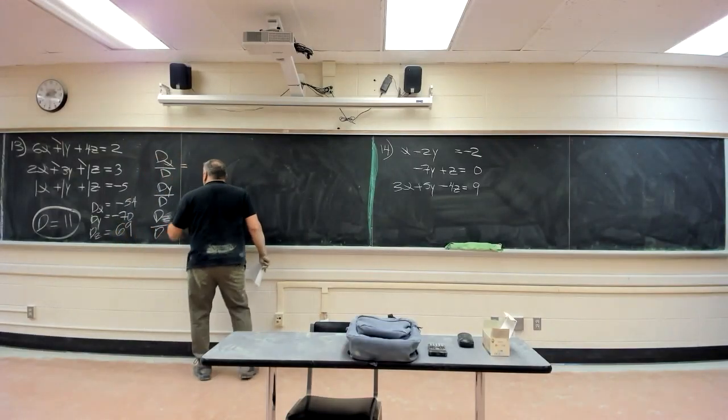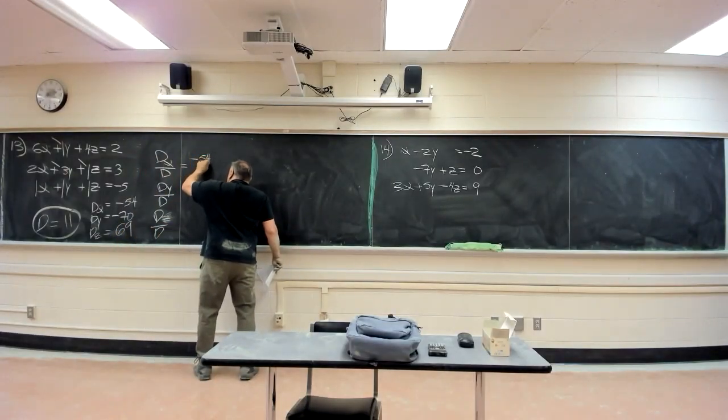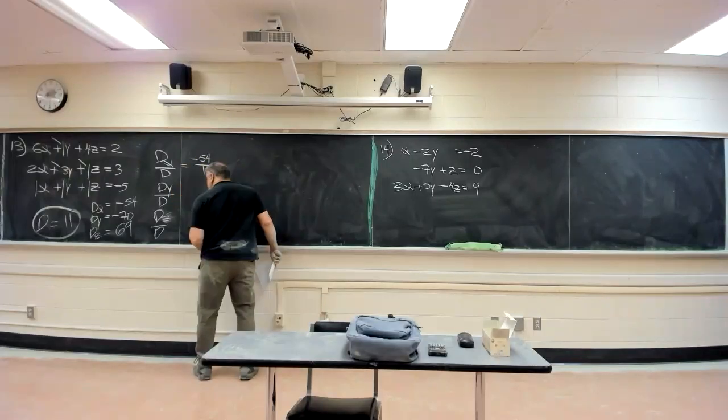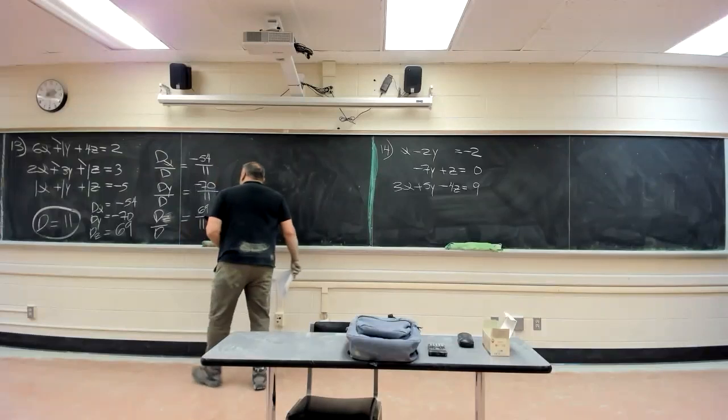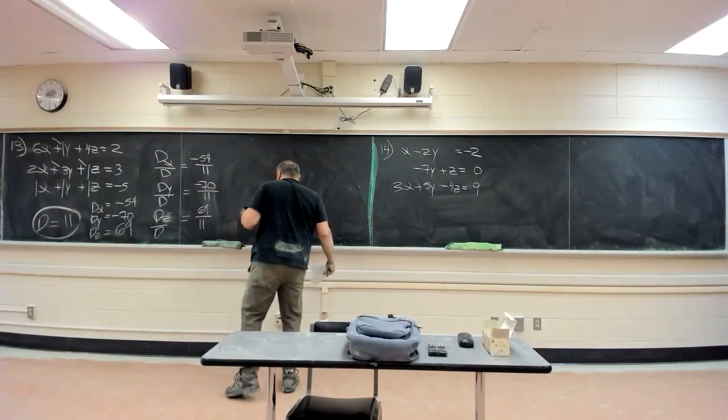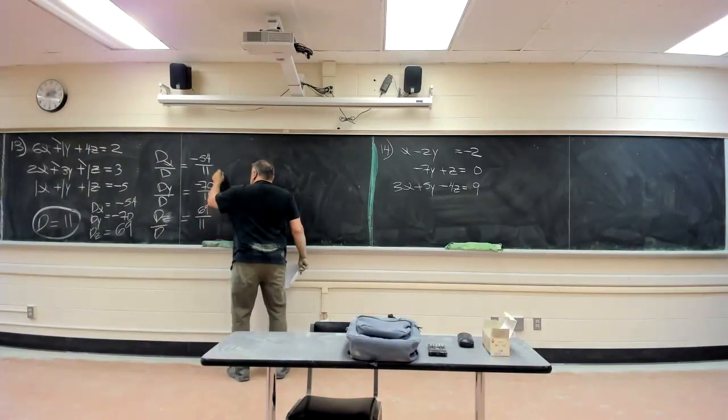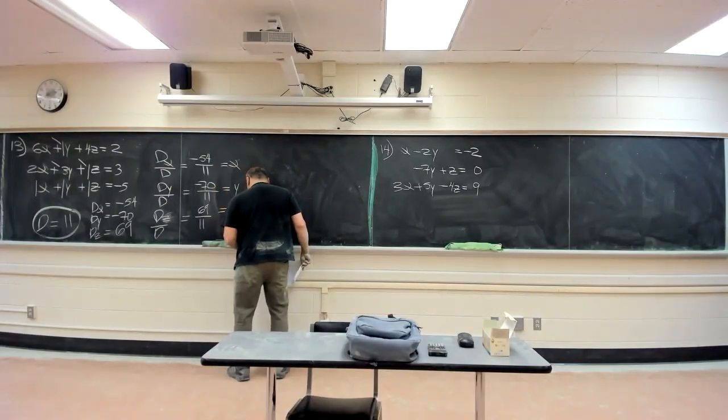That's negative 54 over 11, exact answer. Negative 70 over 11 and 69 over 11. That's x, that's y, that's z.